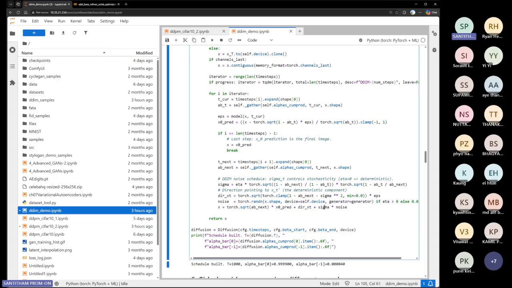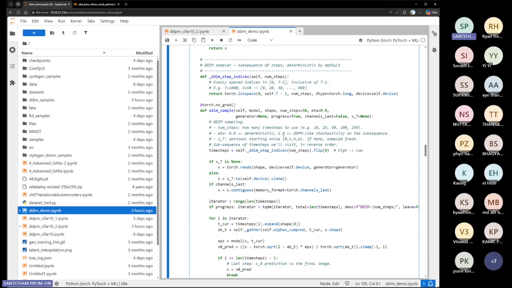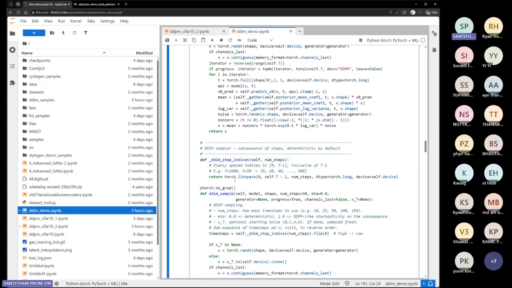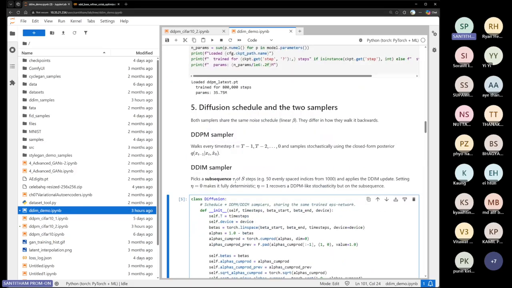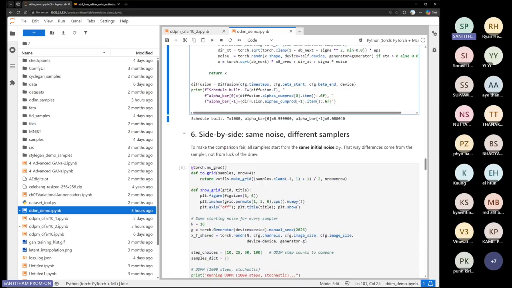If sigma is 0, then you have DDIM. Okay, and sigma comes from eta, the control of the noise process. I think we set it to DDIM, so initially it was set to 0, but we have the comparison later on.